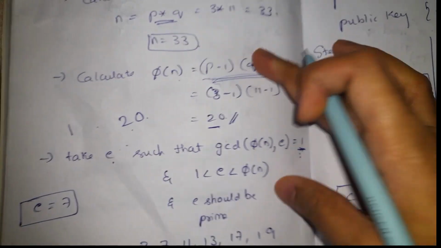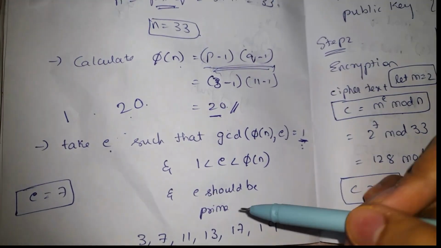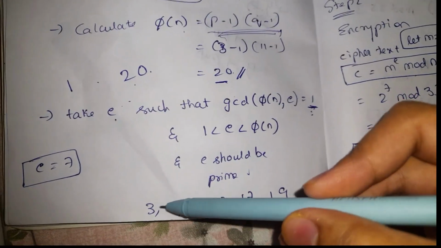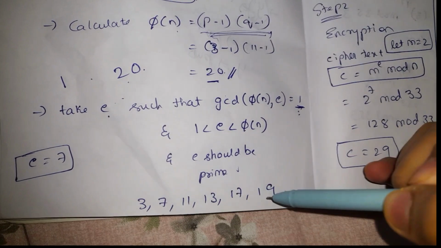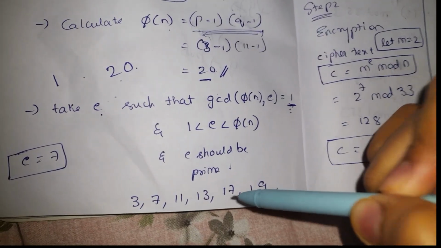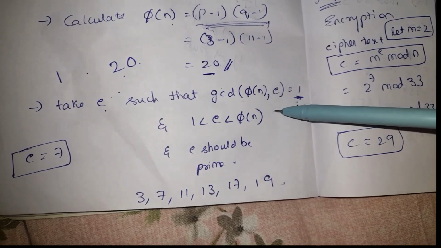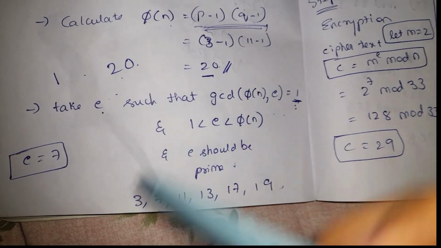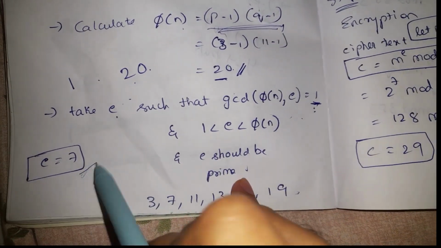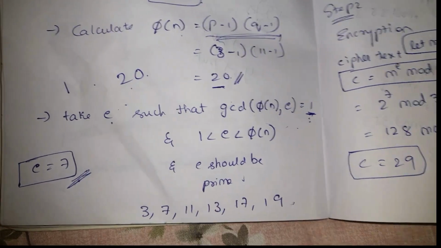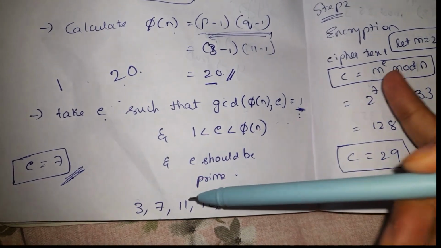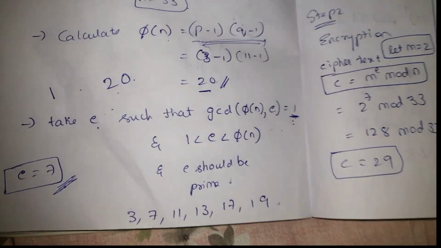There can be many numbers, and also e should be a prime. For this I have chosen the e value as 7. You can choose anything, either 3, 11, 13, the choice is yours.